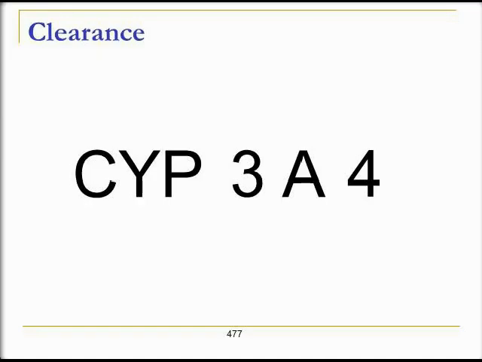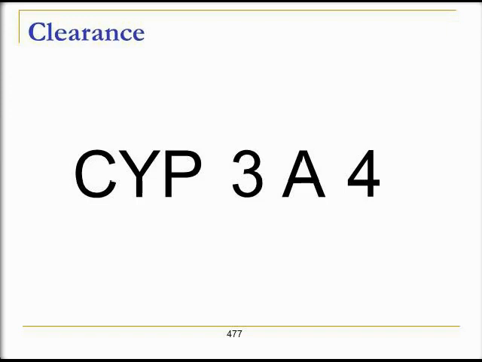So cytochrome P450, the nomenclature has been the same since 1987. In 1987, scientists came together and they said we have to have a common nomenclature. Before that time, people named enzymes whatever they wanted. So now all the enzymes start with CYP, which just means it's a cytochrome P450 enzyme.